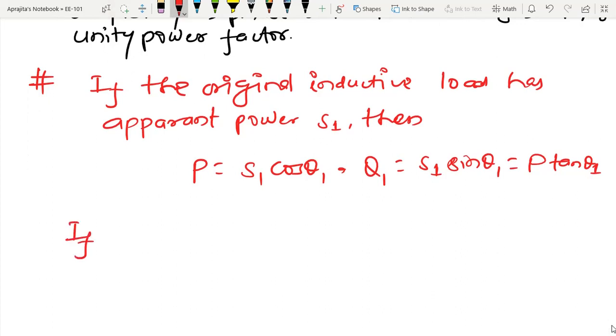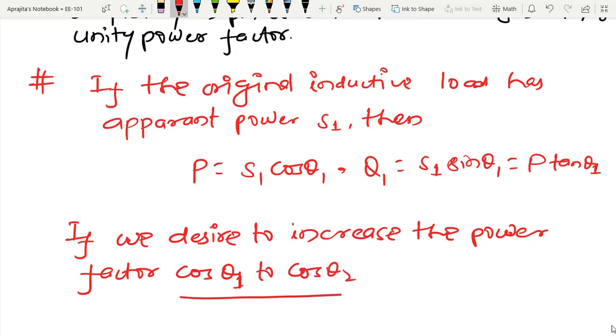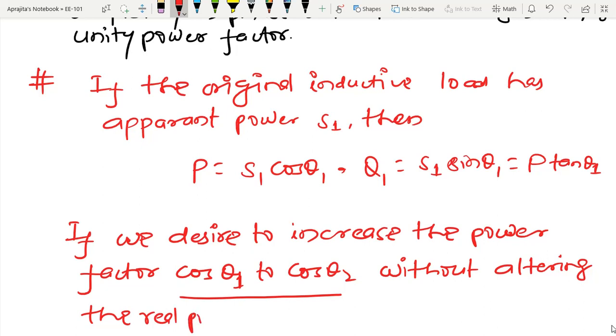So if we desire to increase the power factor, from cos theta 1 to cos theta 2, I am going to increase this without altering the real power, meaning one side of the triangle remains the same.